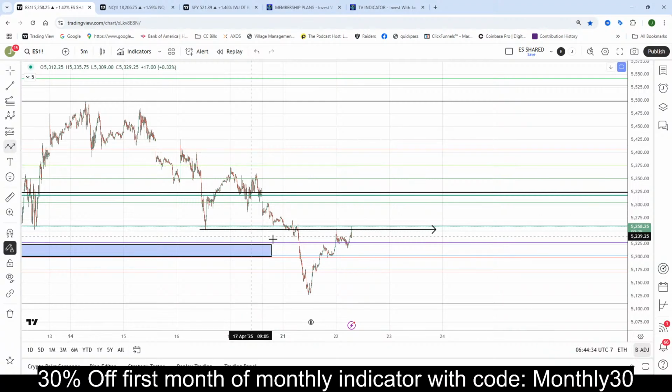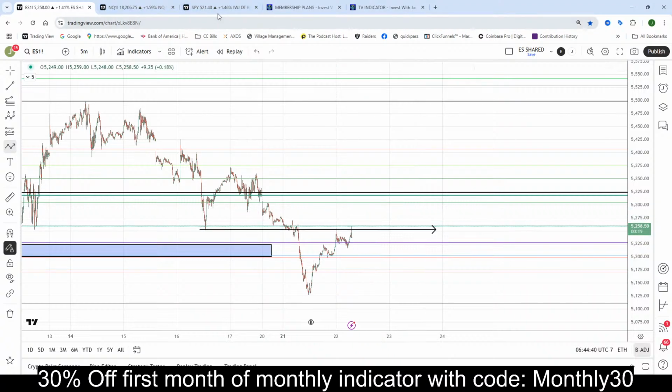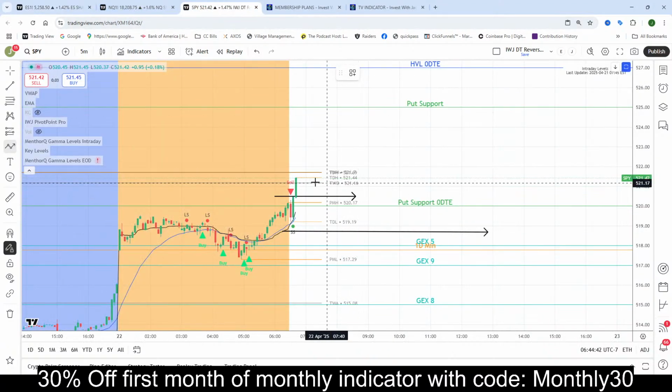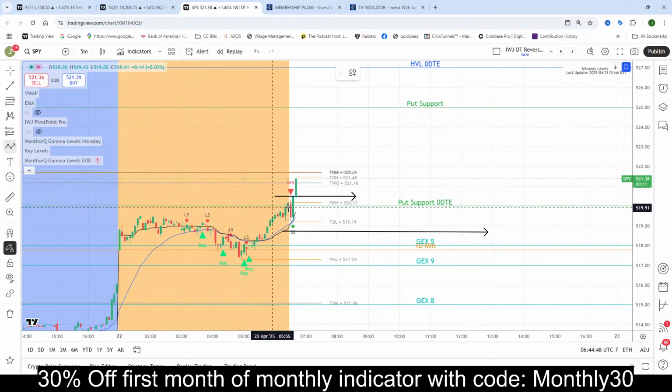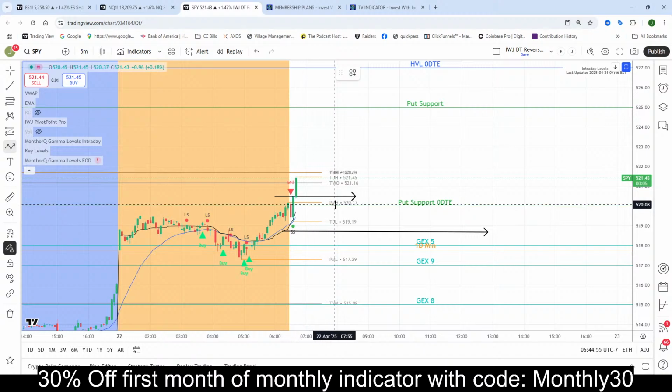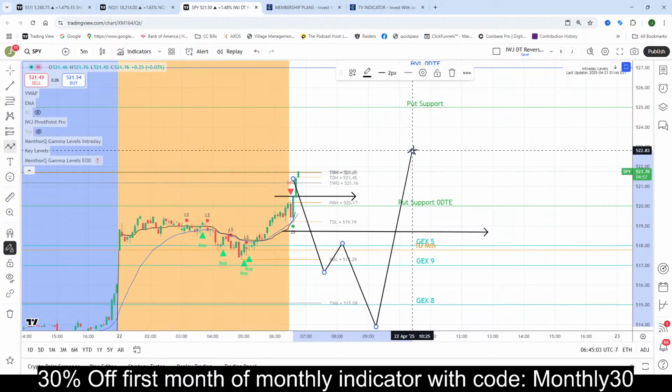If they fail here, we'd like to see a 3-wave pullback and then a go. But they are pushing through a key resistance area. They push through put support right here, which makes sense that it's at that level I basically drew the line across on ES. They've gotten through that. Now the question is, will they maintain and sustain this or fail back down? I would like to see this, and then this is what I'd like to see.